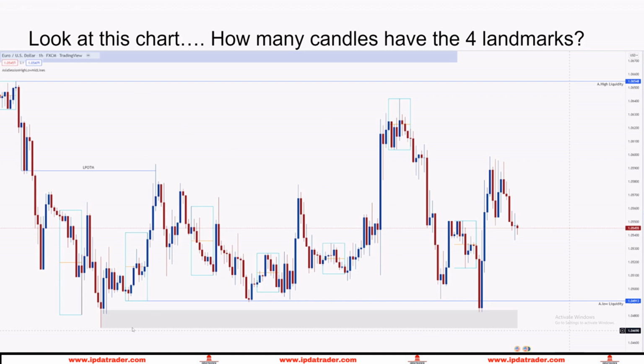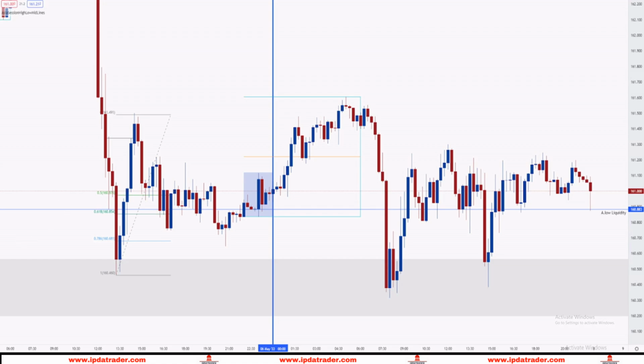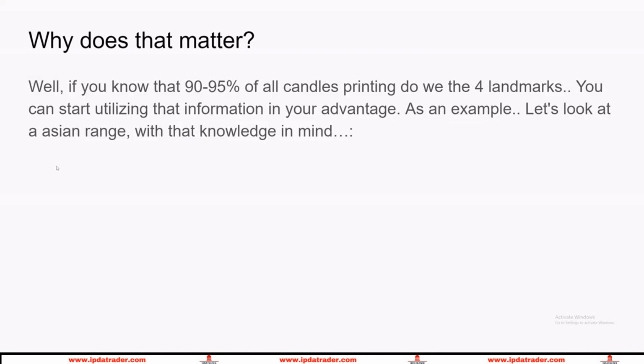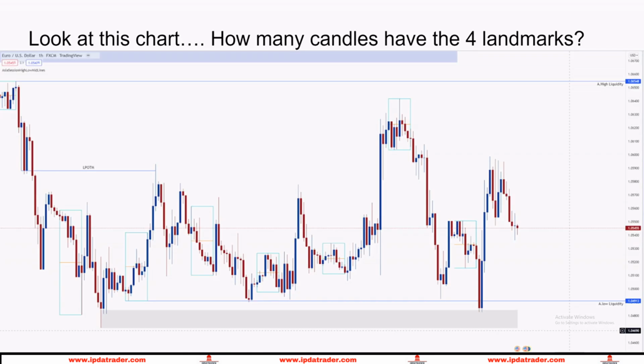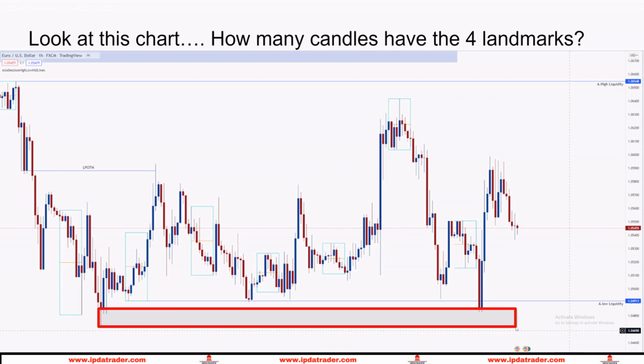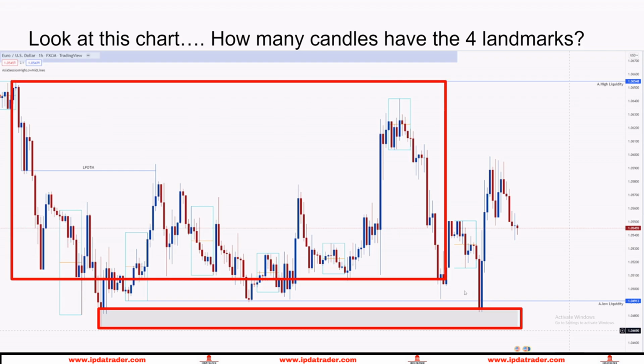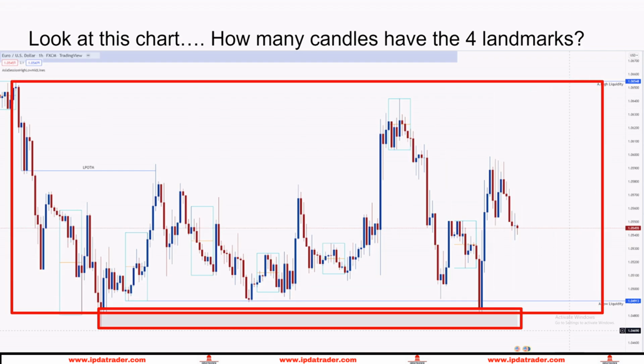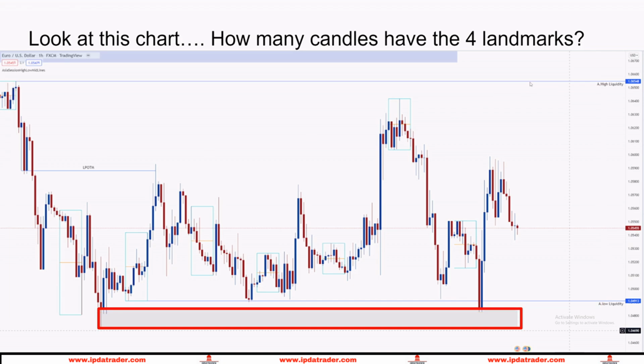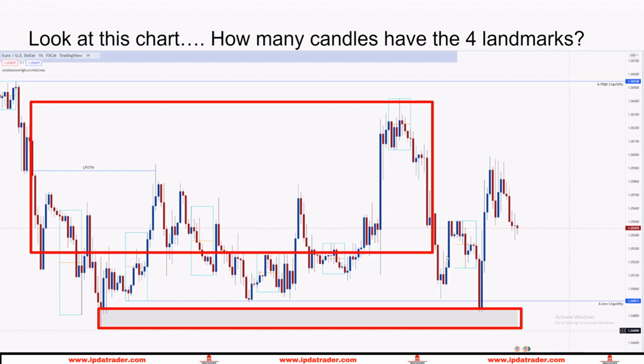You can see this origin block on the bottom, and I want you to ask yourself, how many candles of this price action have the four landmarks, a high, a low, an open, and a close, which is essentially every single candle.